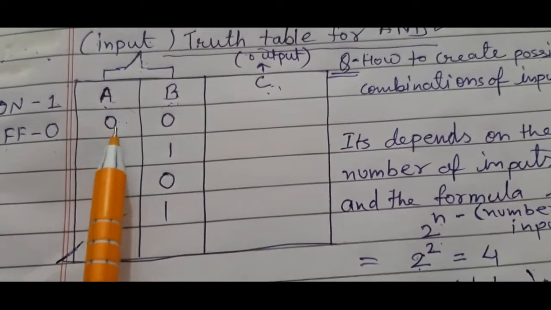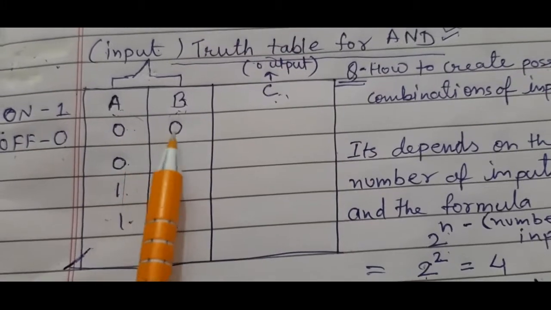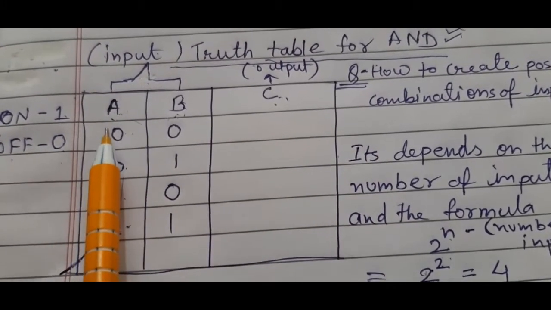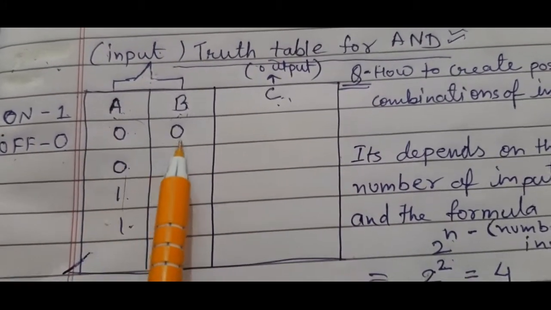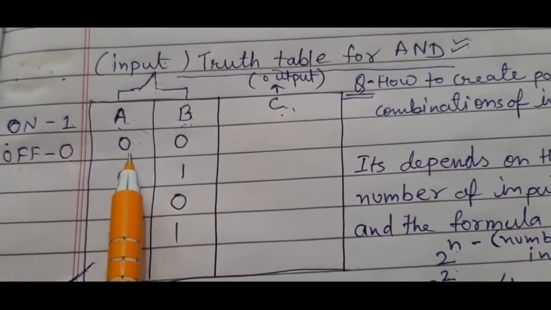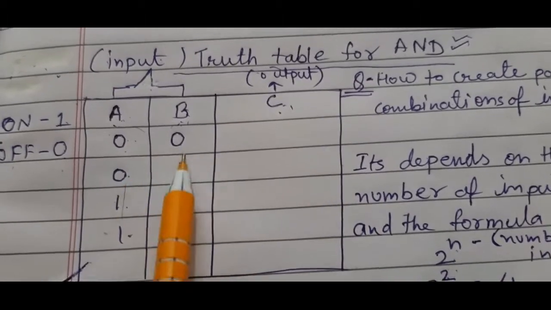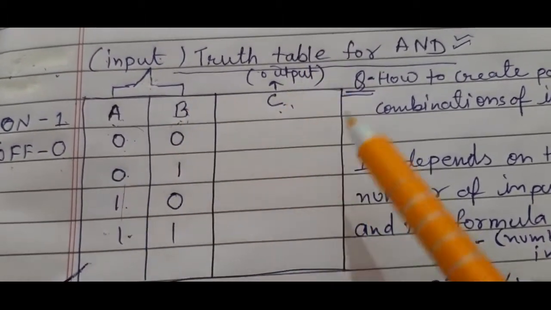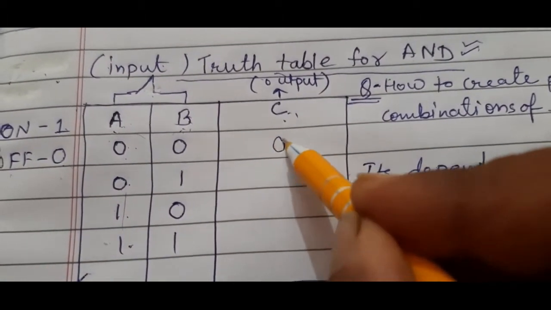Now these possibilities we will write like this. If A is 0 and B is also 0, means no circuit is here and no circuit is here, both are off. So if both are off, definitely our output will be off.